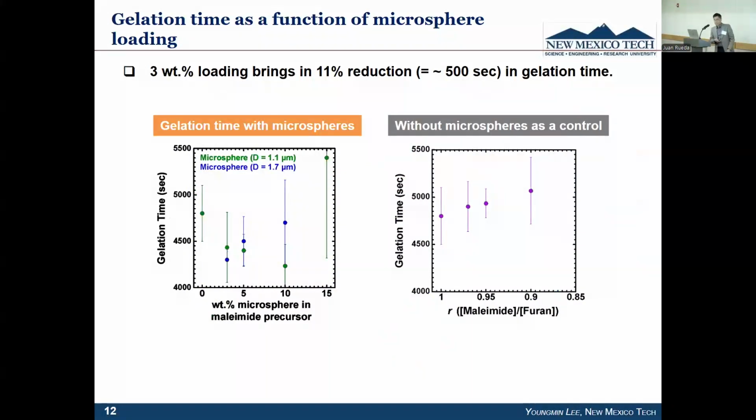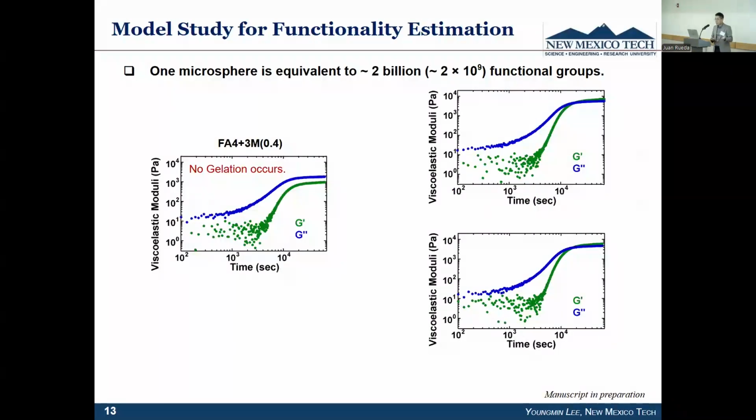And that is the plot for the weight percent of microsphere and gelation time. So initially it decreases, but when we add more, it increases back. And that is a study to identify how many functional groups they have in the microsphere.